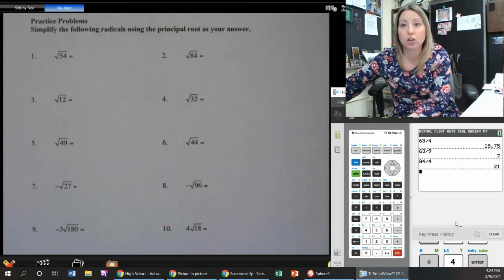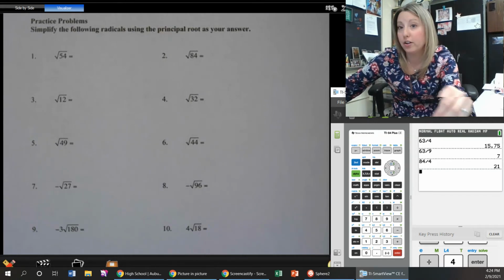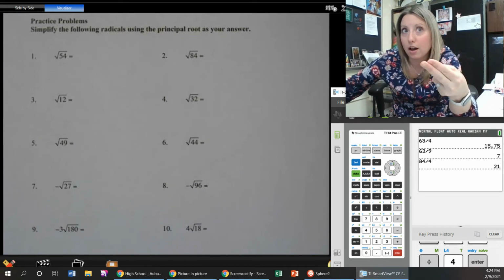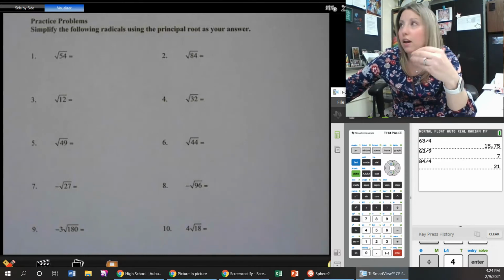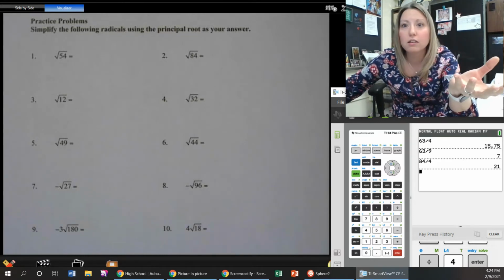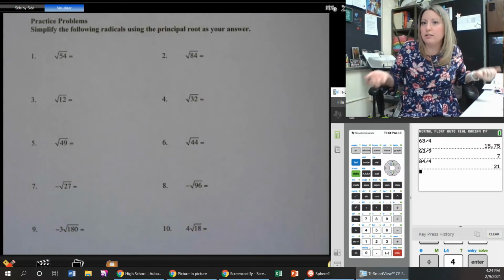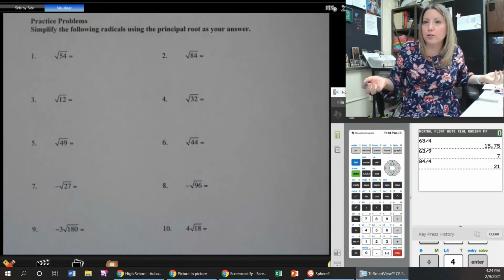Now I need to consider, with my leftover that would be 21, are there any perfect squares that divide evenly into 21? Think of 4, then 9, then 16, and then 25. Now you're too big. No. I know that seems like a big number to have as your leftover, but it is. It is not divisible by any more perfect squares.